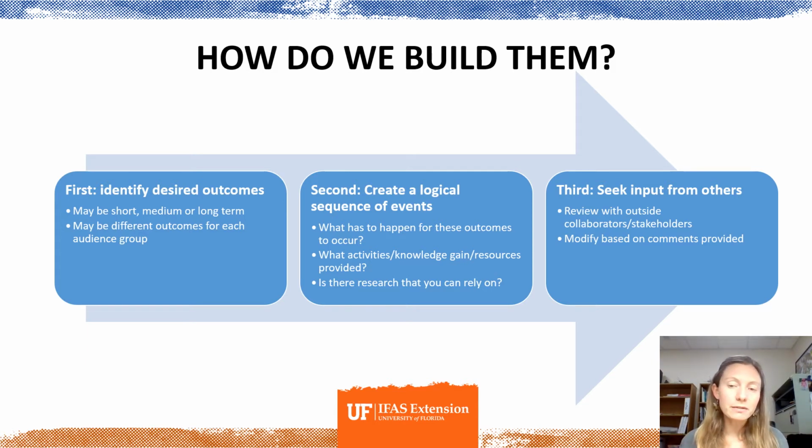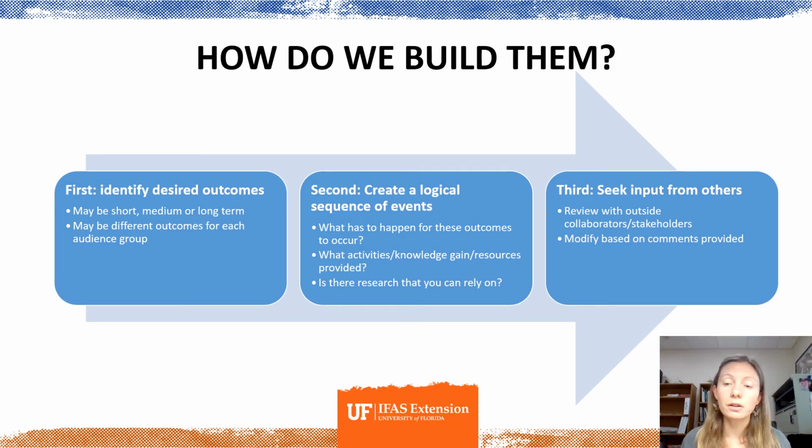What activities or specific pieces of information or resources do my audience need in order for these outcomes to be achieved? Is there research that you can rely on? Is there information already out there that I can draw from to show A plus B equals C?